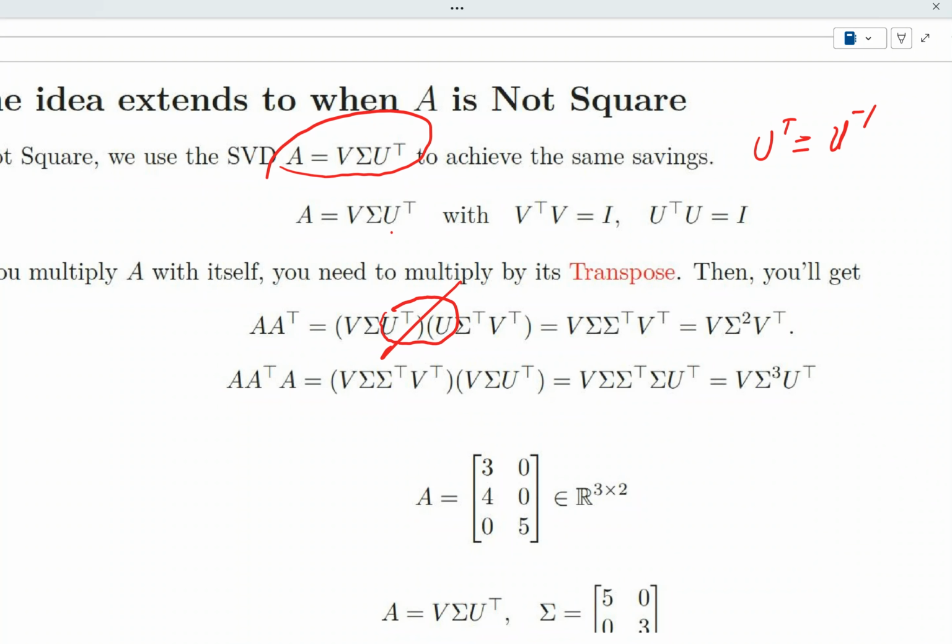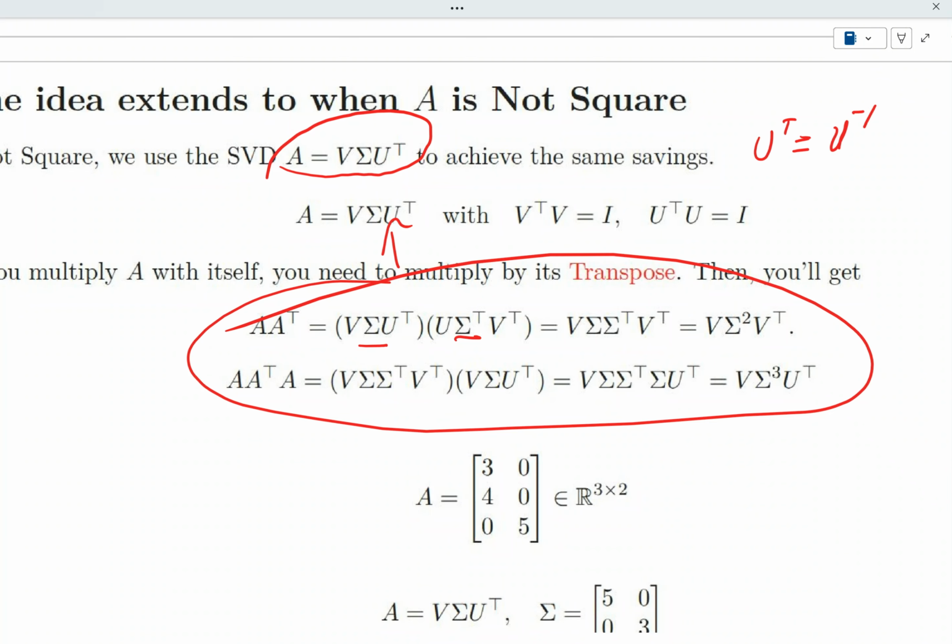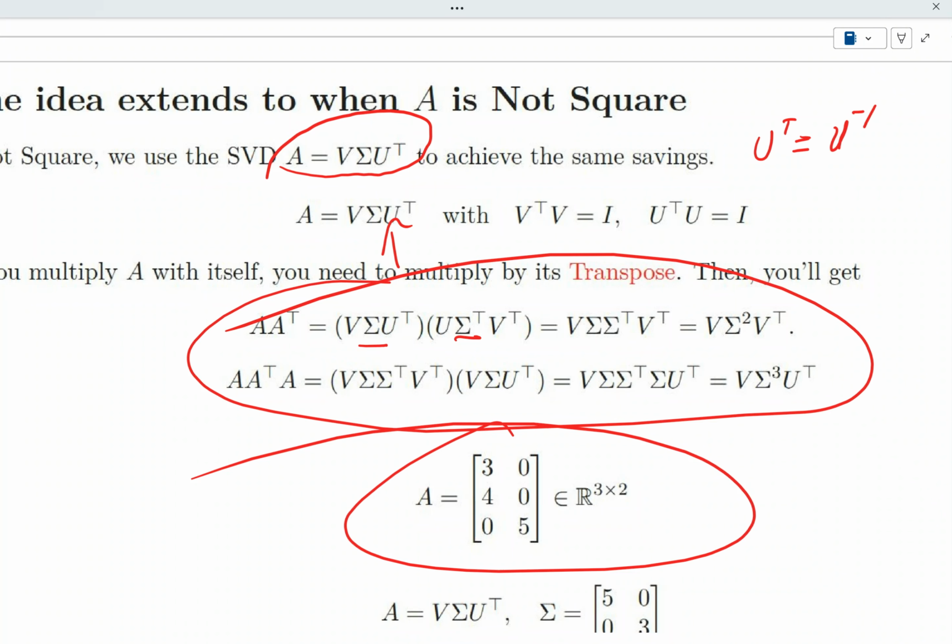Because U is orthonormal. Therefore, sigma times sigma becomes sigma squared. So you can see that you can have many powers as well, even when the matrix is not symmetric. Okay.